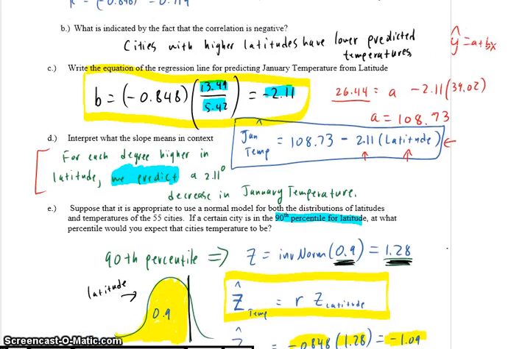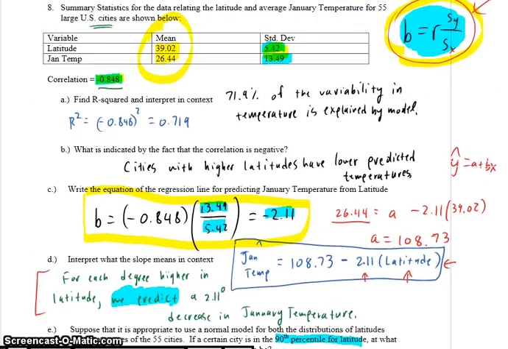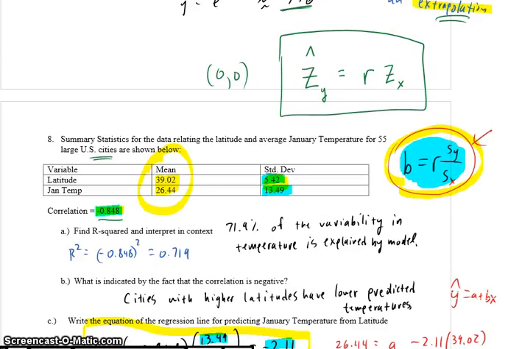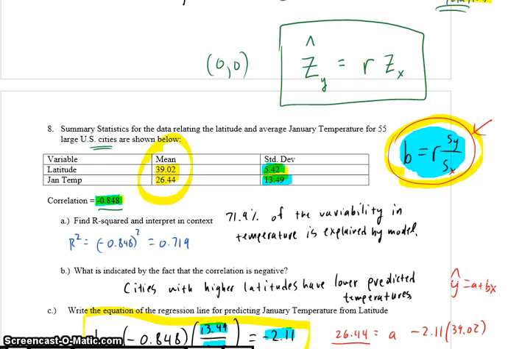if I standardize the data, the slope of the regression line is actually r. Okay, so if I'm looking at the predicted z-score for y, that's just r times the predicted z-score for x. Now, why is there no y-intercept? Because when we standardize the data, the means become 0. The standard deviations become 1.